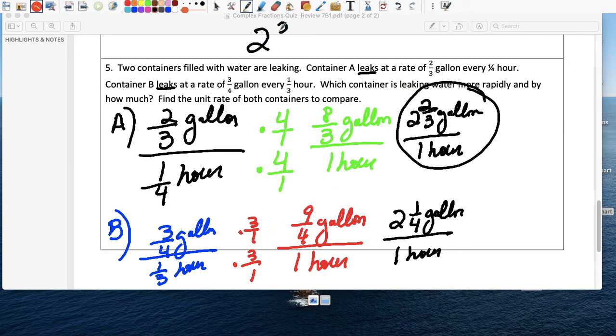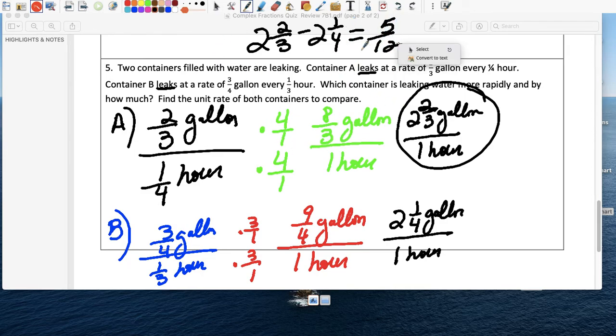We have to do 2 2/3 minus 2 1/4. It's 5/12.